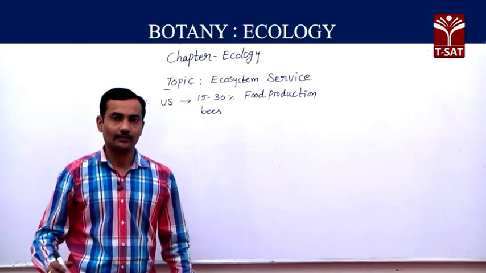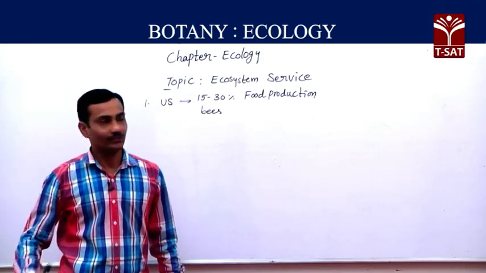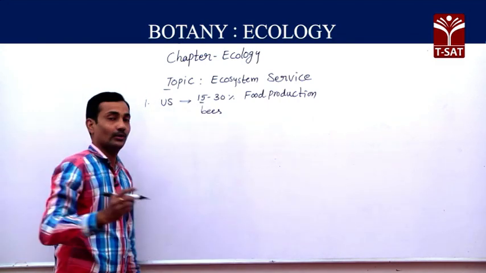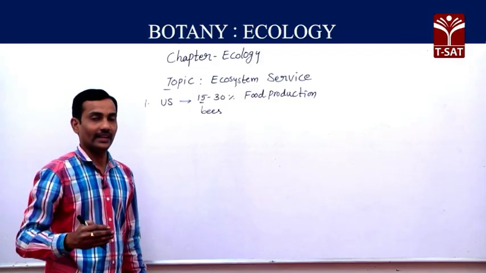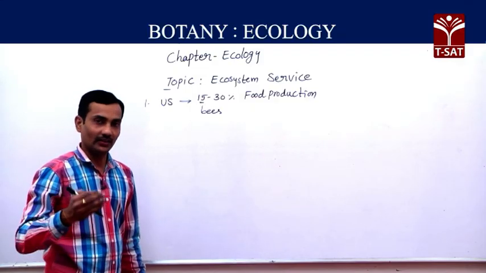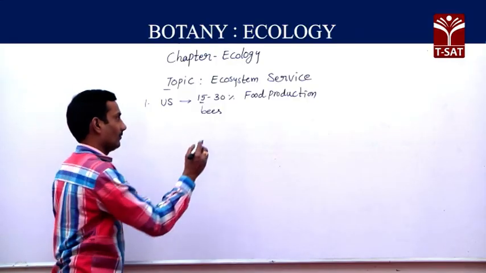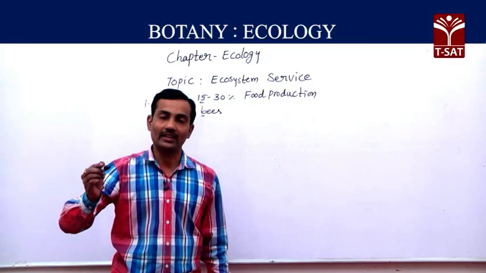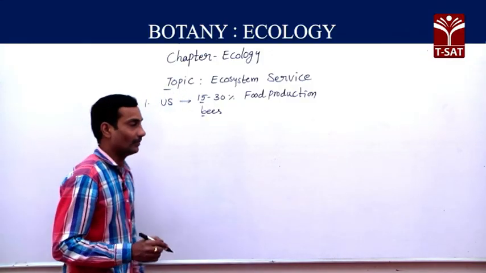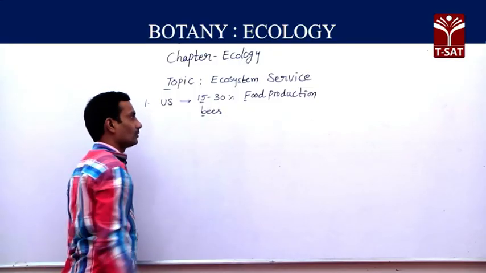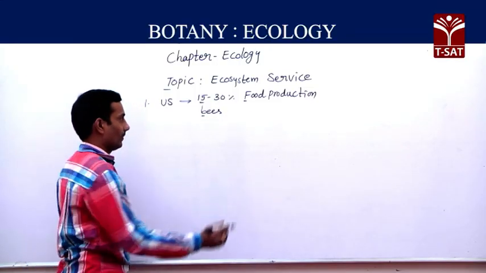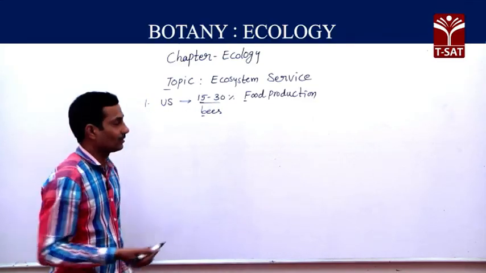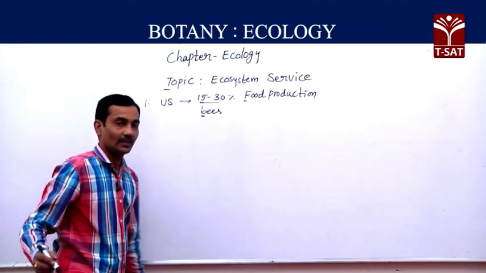Imagine, in the US, of the total agricultural food production, 15 to 30%, the food grains, fruits and different edible items, are formed because of the involvement of bees. They carry pollen grain from anther to stigma of the flower, indirectly helping to produce food. Maximum, 15 to 30% of food production is carried by bees.